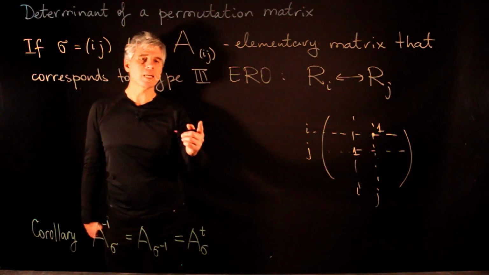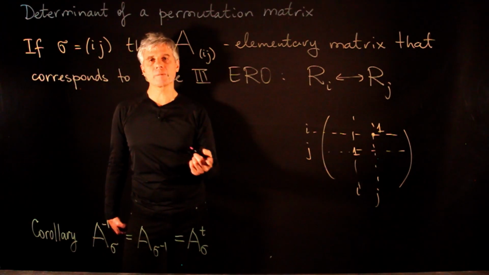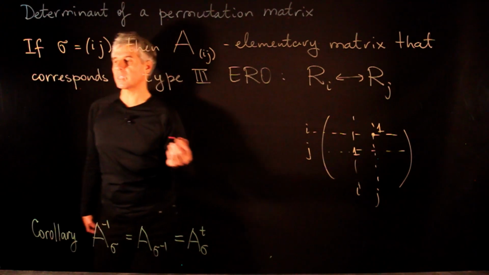We know that applying elementary row operations is equivalent to multiplying by the corresponding elementary matrices on the left.